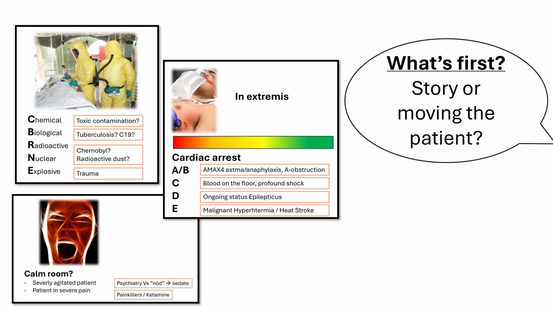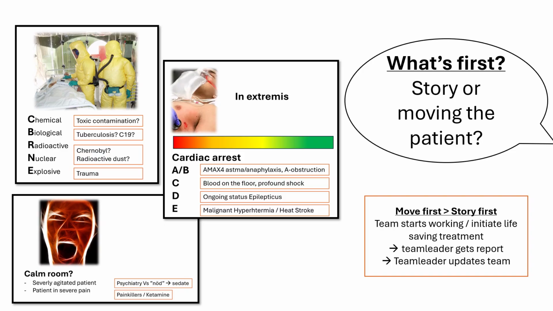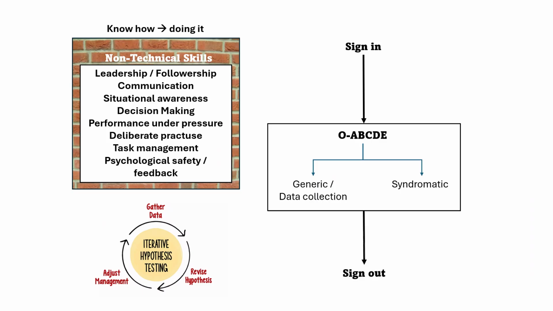You might want to get the team going before waiting those 2 or 3 minutes to hear the story. And once the team is doing their thing, then you go and take the history from the ambulance personnel yourself. Okay.